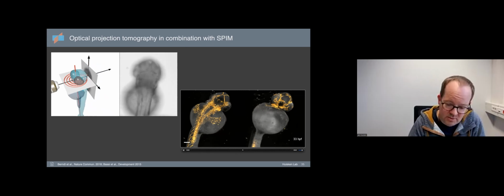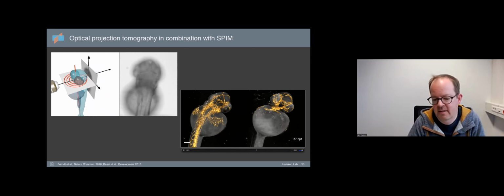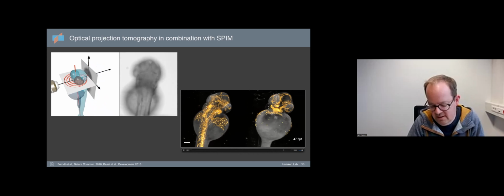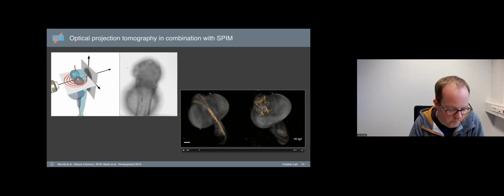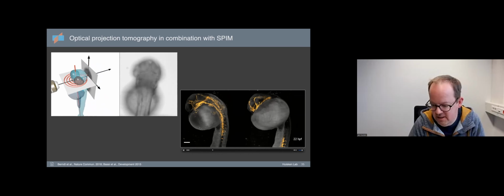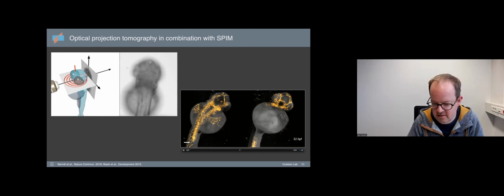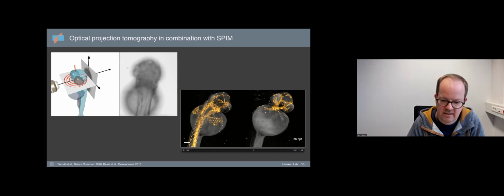So again, this was a separate setup in the lab, but if this had been done in a more modular framework, so to speak, then this could have been implemented on any light sheet microscope and wouldn't necessarily need to be done on a dedicated separate setup.